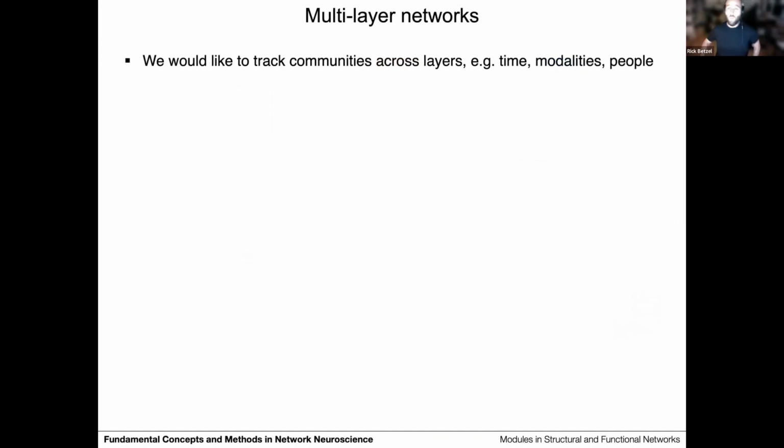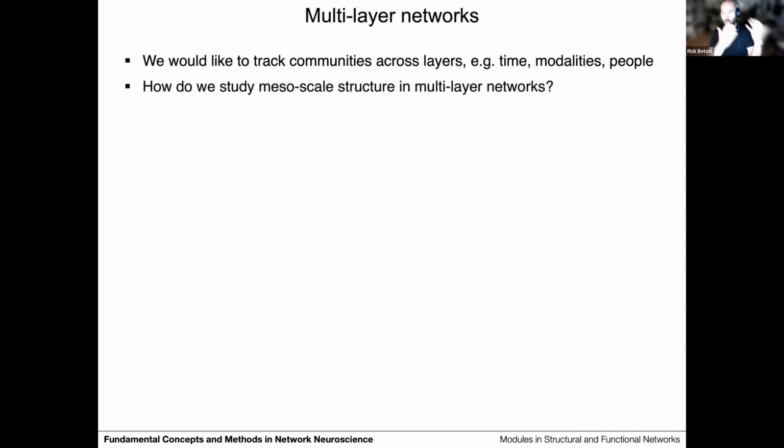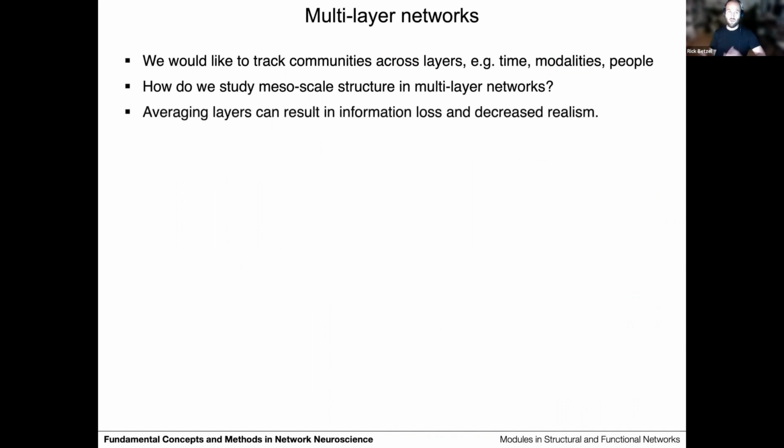Now, what we would like to do, ideally, is be able to track variation in communities across different layers. Naively, we might try to cluster them independently, that is, apply modularity maximization to each layer and then compare. Or alternatively, we could average layers together. Neither of these strategies is particularly satisfying. Averaging layers always results in information loss and occasionally means combining layers of different connectivity modalities, which is not super realistic.